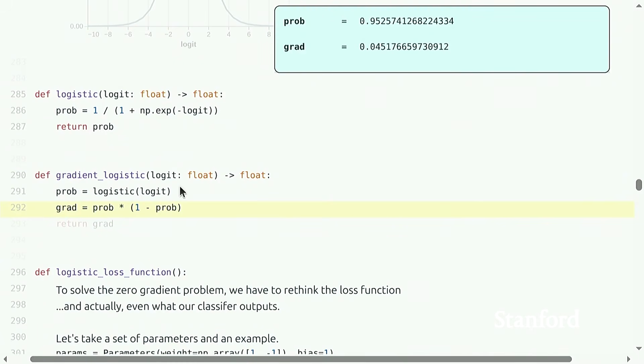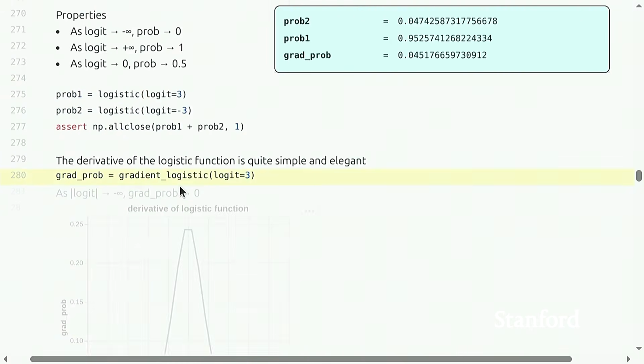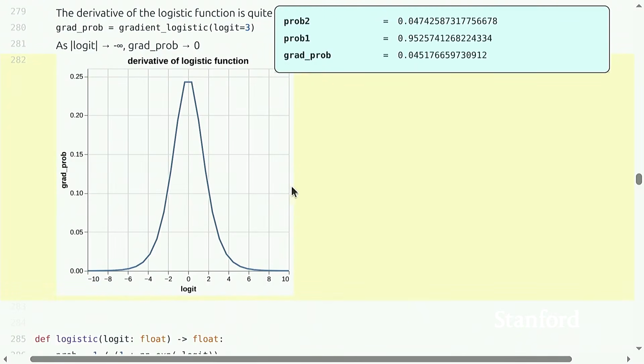It's not particularly enlightening, but the result is kind of neat. So what this means is that the derivative of the logistic function looks like this. If you're far away from 0, then the derivative is vanishing. It goes to 0. And the derivative peaks at 0.25 when the logit is 0.